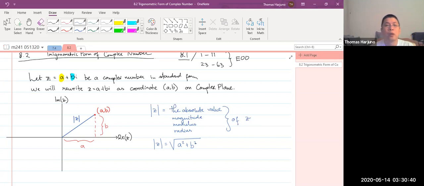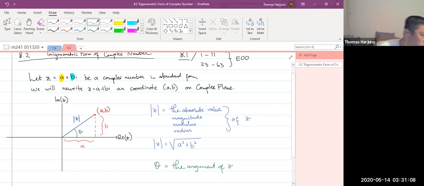Now, there is something called the argument, the angle in standard position. Call this angle theta. Okay, that's angle theta in standard position. That theta is called the argument of z.